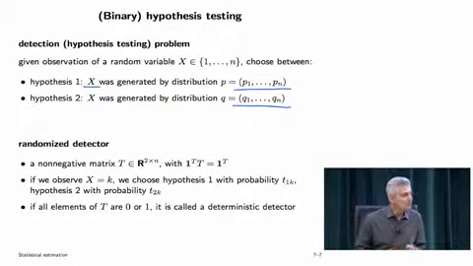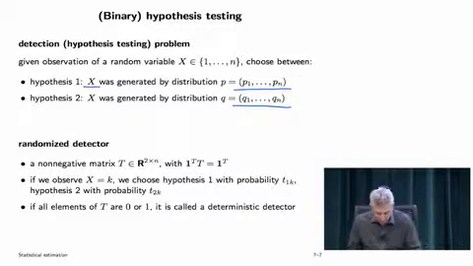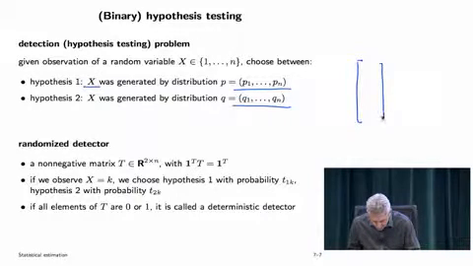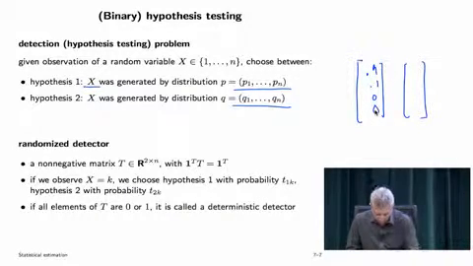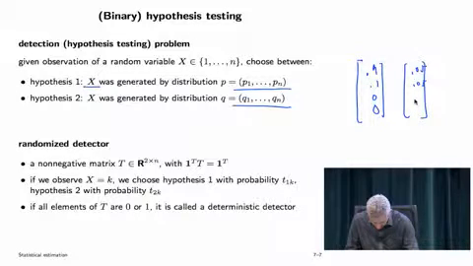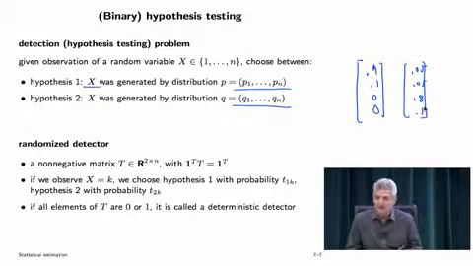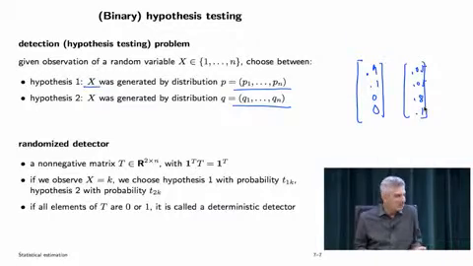Okay, and some things would be obvious here, right? If one distribution looked like this, 0.9, 0.1, or something like that, and the other looked like 0.05, 0.05, 0.8, and 0.1, then you could guess, right?